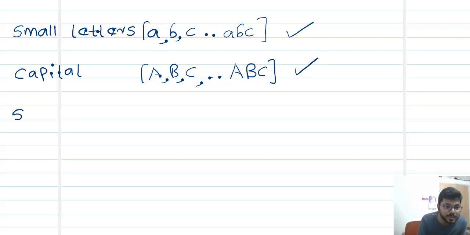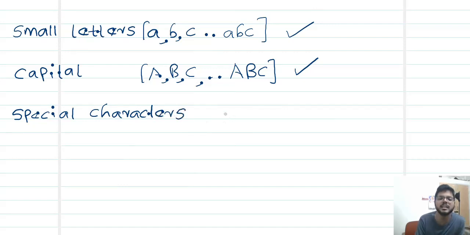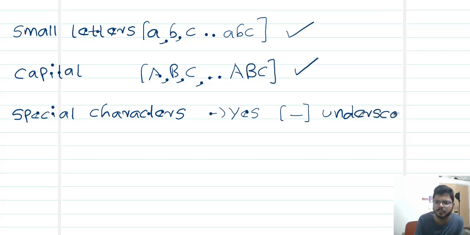Can I use any special characters while assigning variables? Yes, but only one special character: the underscore. Only the underscore you can use, and no role for any other.